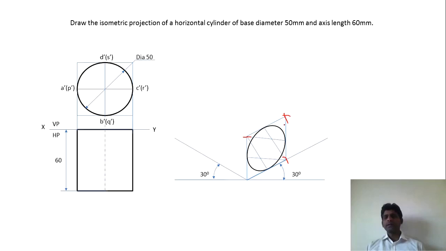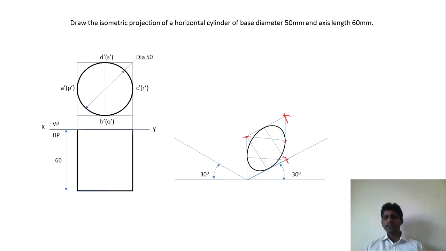And similarly, the midpoint of this line to this corner, and the midpoint of this line to this corner. Then you can take this point as the center, and this much as the radius, and then you can draw this arc.